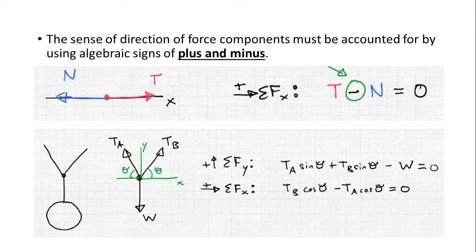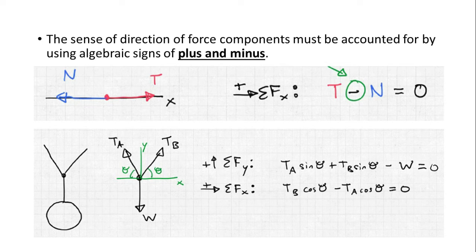Now if I ask you to perform the force summation of this system, you will write sigma Fx equal to 0, and you will show the positive x-axis direction, which is along the positive x-axis of the graph, the standard assumption that you always follow in graphs.